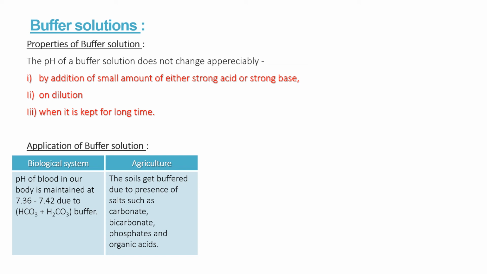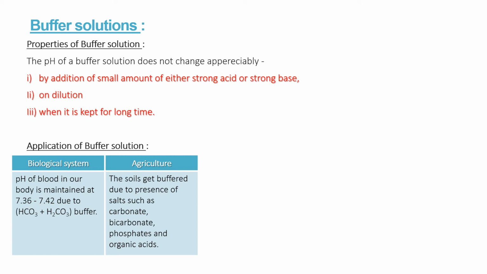Now next application is agriculture. See, in agriculture there is a presence of salts such as carbonate, bicarbonate, phosphate, and organic acids. Okay, and the choice of fertilizer depends upon the pH of your soil.